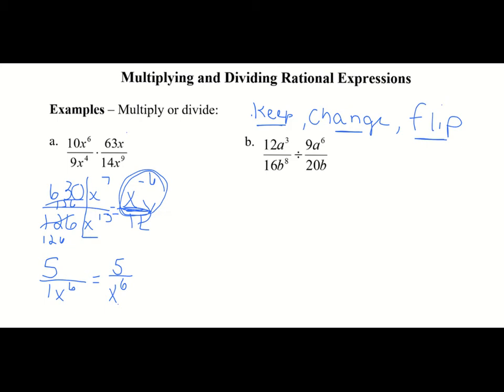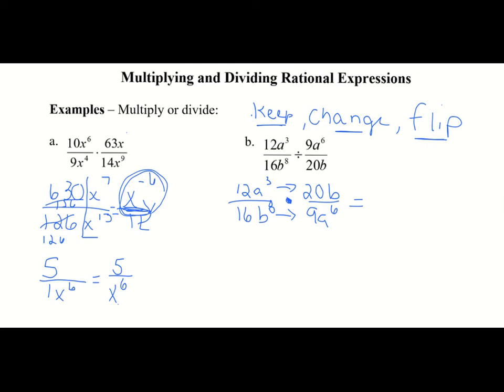For B, we do have to do our keep, change, flip. So I'm just going to make it 12a cubed over 16b to the 8th times, instead of divided by, 20b over 9a to the 6th. So again, we flipped the second fraction. I'm going to multiply straight across, and then we'll worry about simplifying.